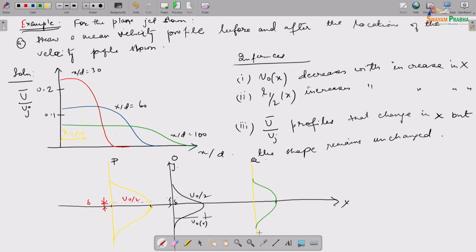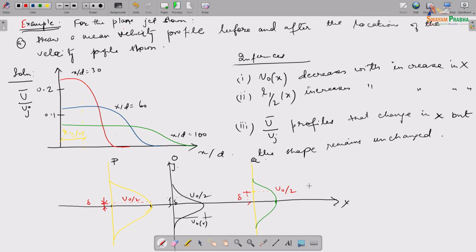So we will have an r half which is something like this. This is the delta, and here you have the centerline velocity.